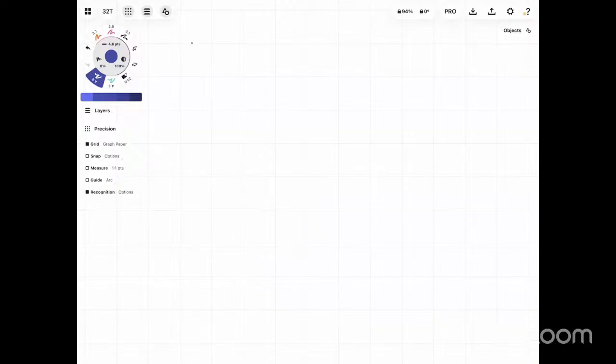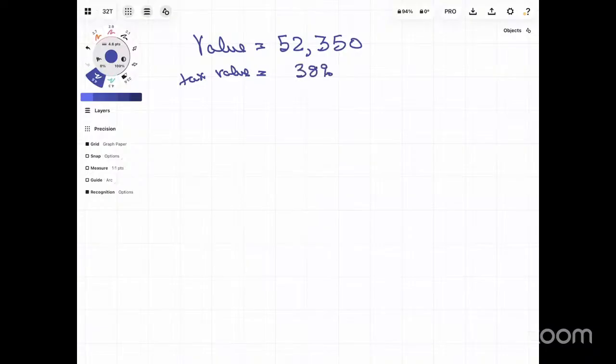We have an appraised value, just the value in general, is $52,350. And it's telling you the tax value is going to be 38% of the value. And it's telling you the tax rate is 95 mils.